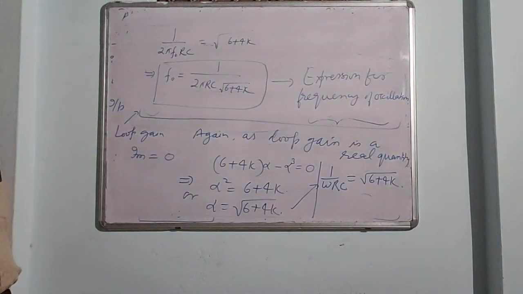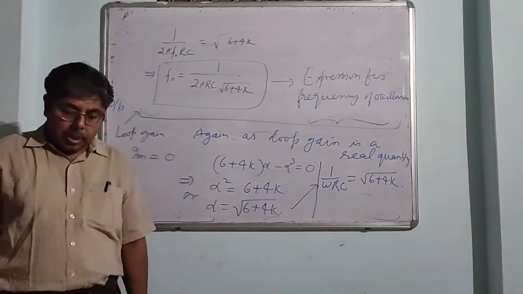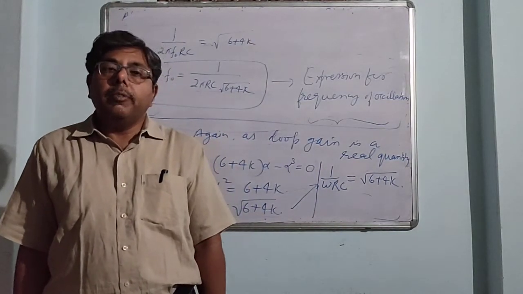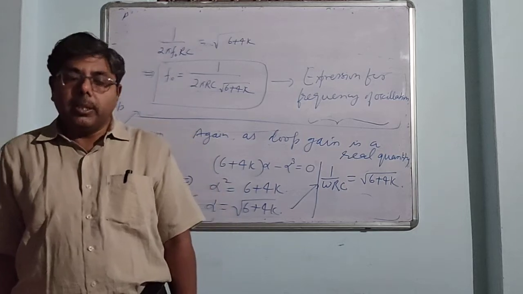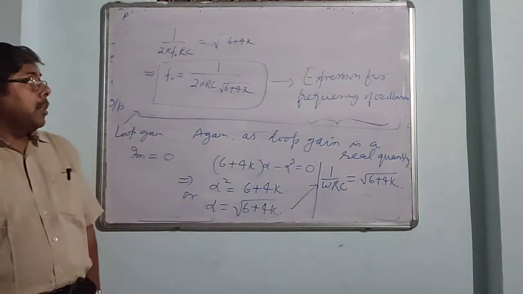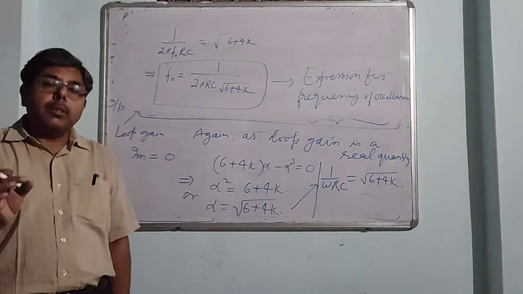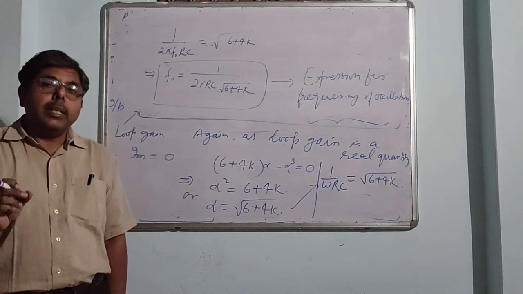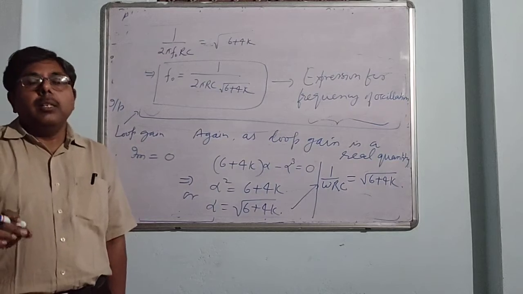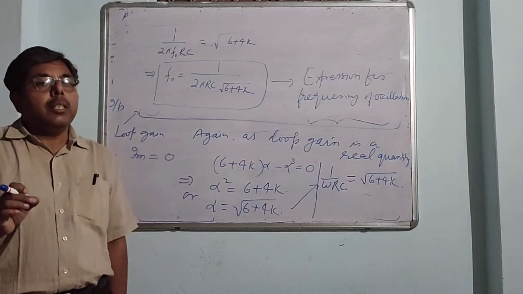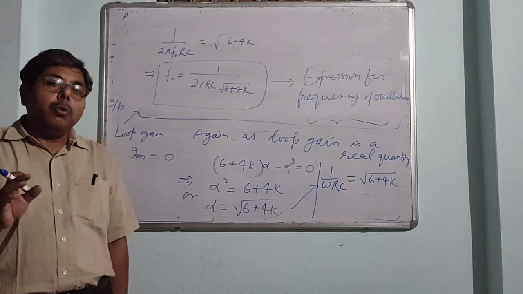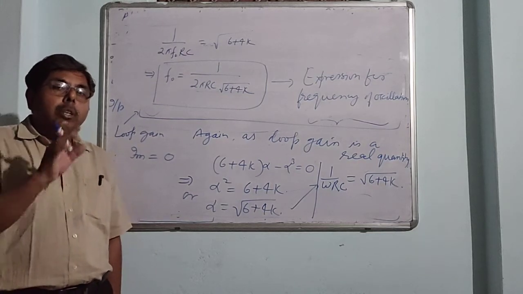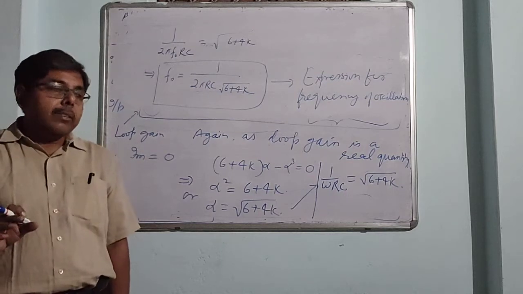So this is the method or procedure to find out the frequency of oscillation for RC phase shift oscillator using BJT. So first you have to draw a circuit of RC phase shift oscillator, then draw AC equivalent circuit, then final AC equivalent circuit, then apply loop equations for 3 loops, then you will get relations for currents.